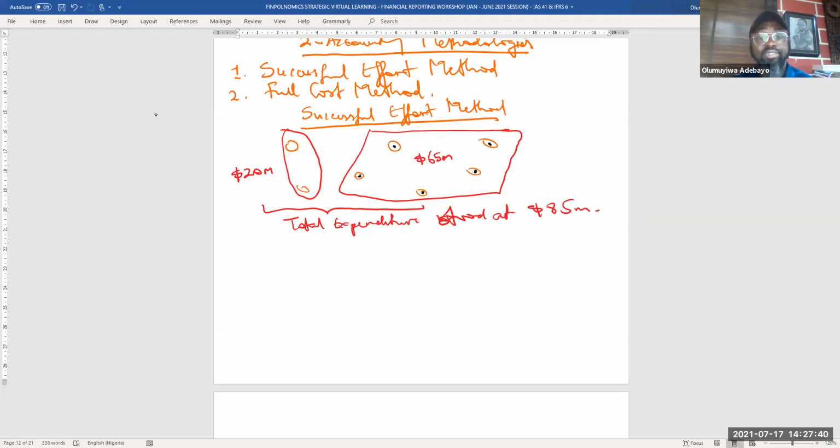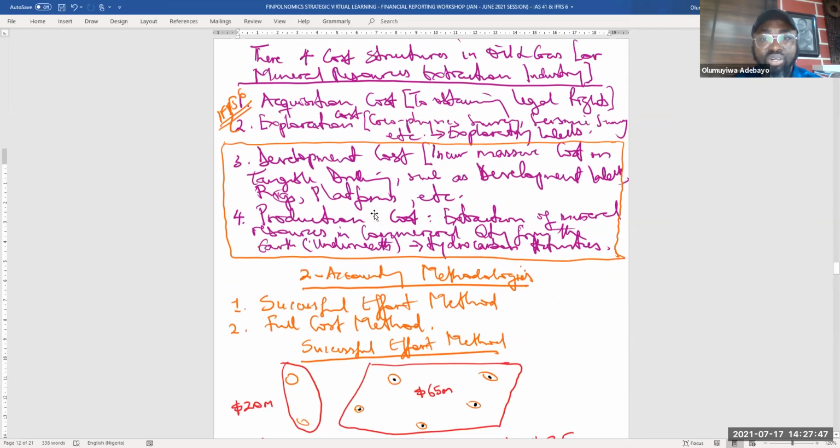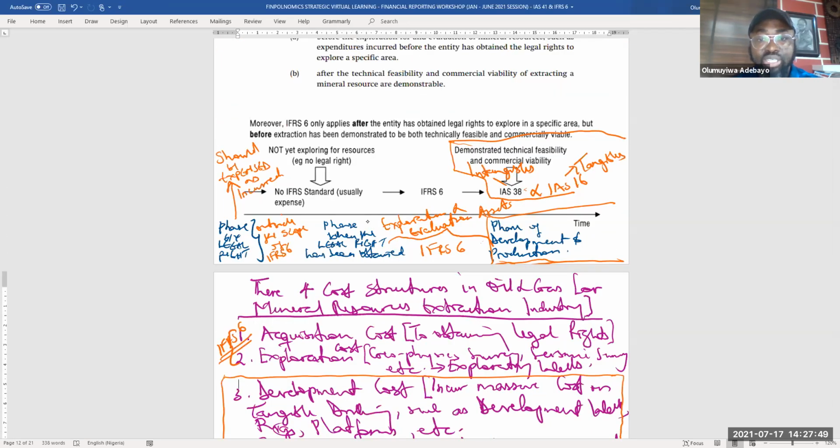The question then is, using successful effort method, how much am I going to move from exploration and evaluation assets under IFRS 6 to intangible assets and PPE under IAS 38 and IAS 16 respectively?